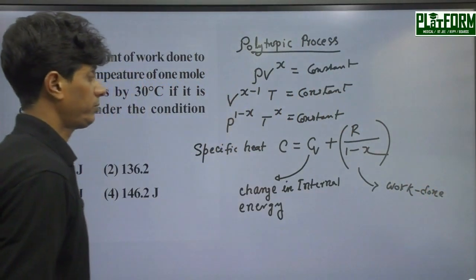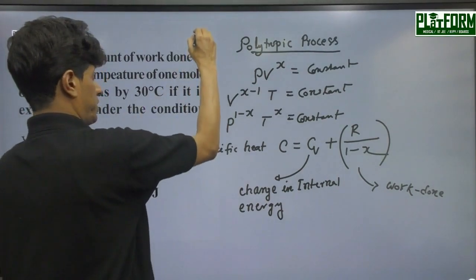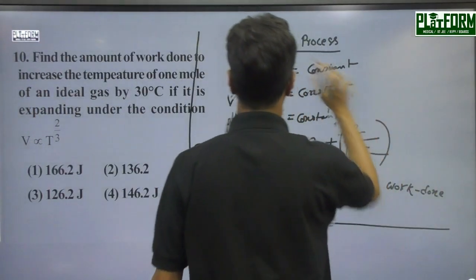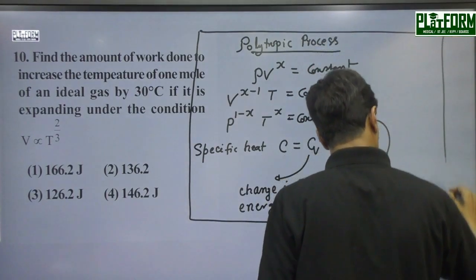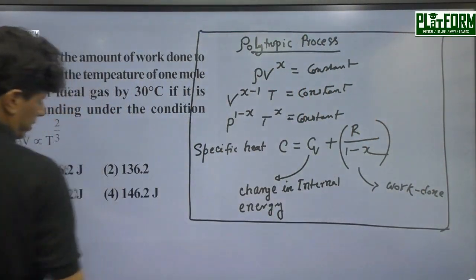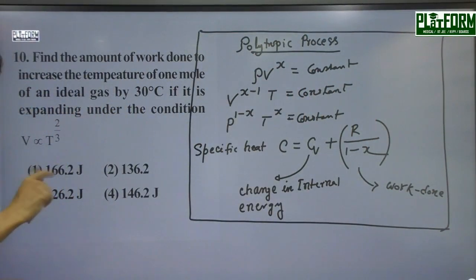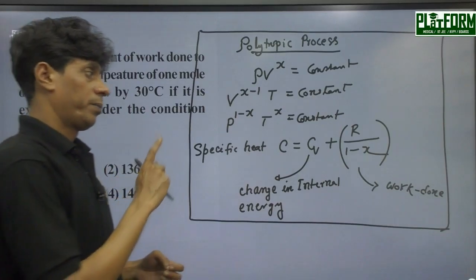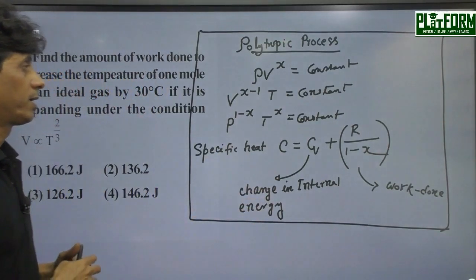So this is very important: for any polytropic process, the specific heat is always C equal to CV plus R by 1 minus x.